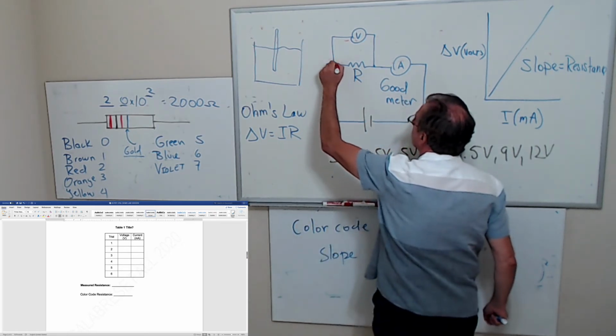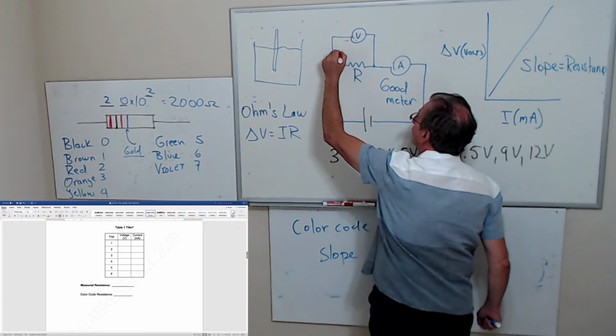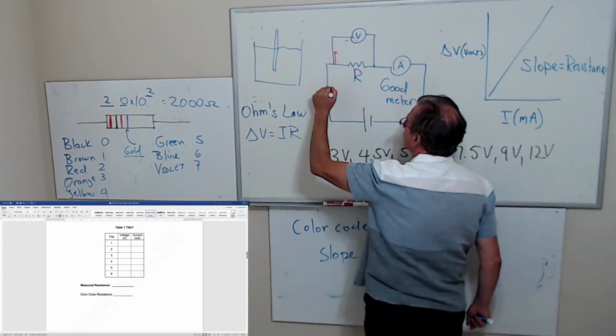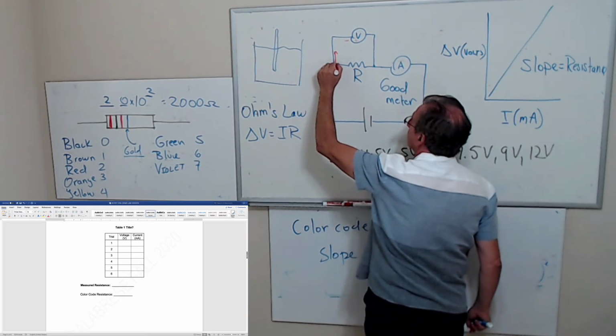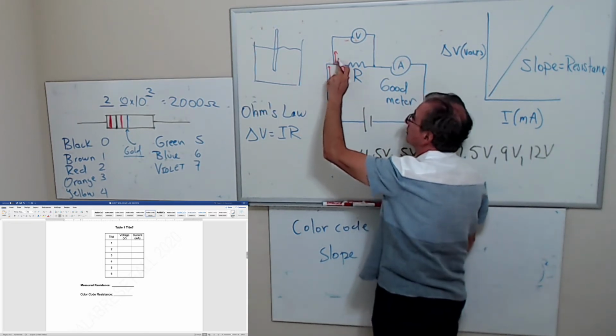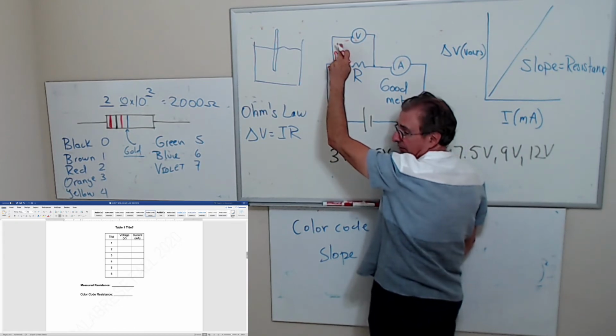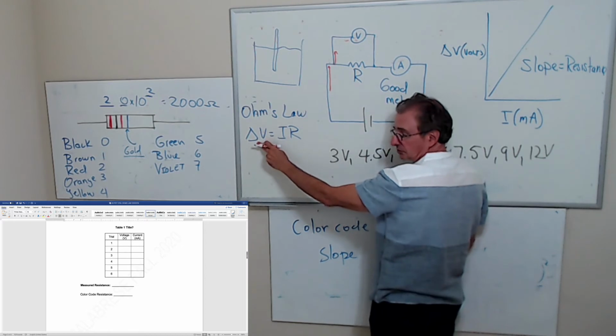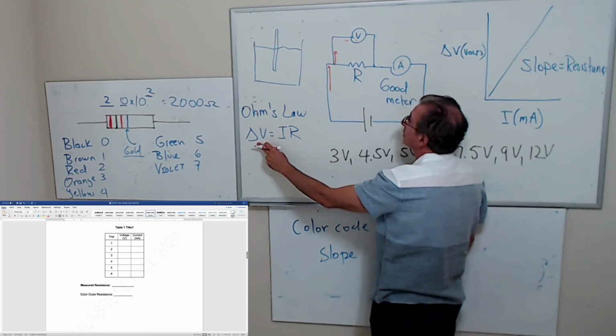First of all, you don't want the voltmeter to draw any current in this direction. Because if the electrons reach this branching point and some go this way, then you're taking away the current from this resistor. That's going to make your voltage smaller than what it should be.